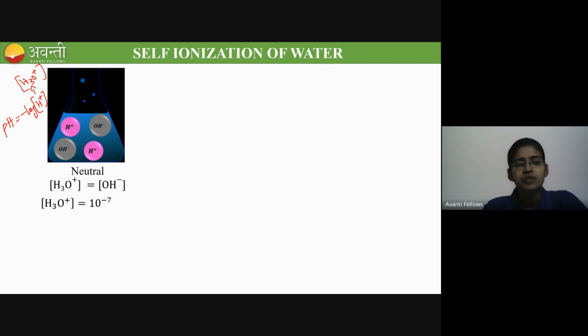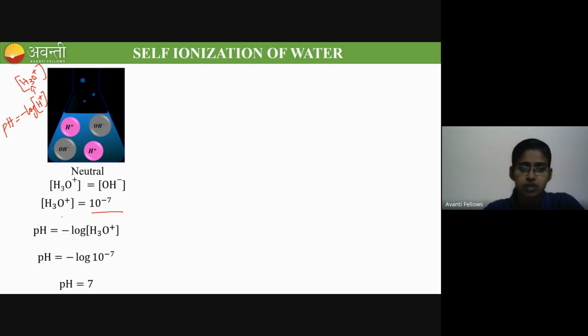So here is the formula: pH is equal to minus log of H3O plus, which is 10 power minus 7. If you substitute 10 power minus 7, what will you get? pH will be equal to 7. You all know the formula, right? Log of m to the power n is n into log m.